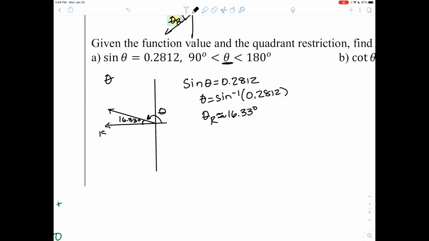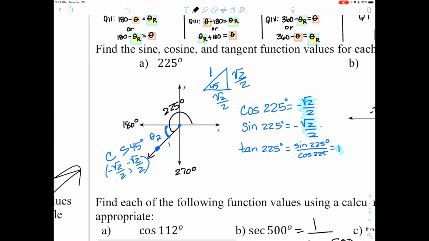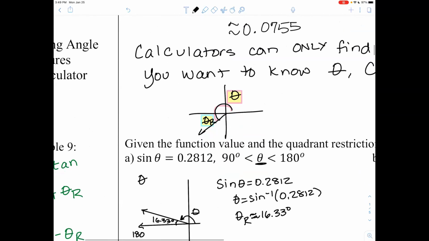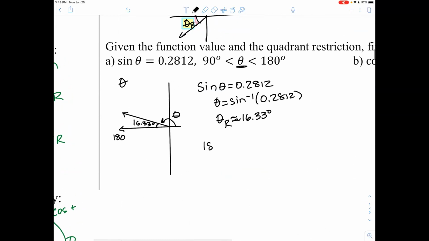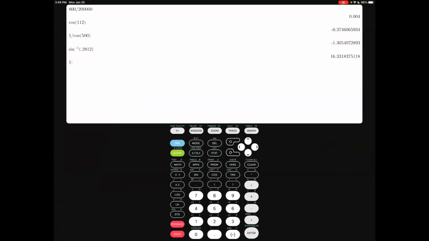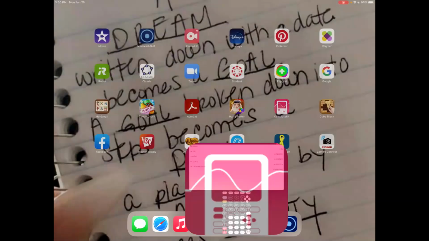And so what you're going to have to do, come back up here, you're going to have to do this measure here, 180 minus the theta reference, to get angle theta. So we're going to do 180 minus 16.33. I'm just going to pull my calculator up and do 180 minus my answer there and hit enter, and we get 163.67.